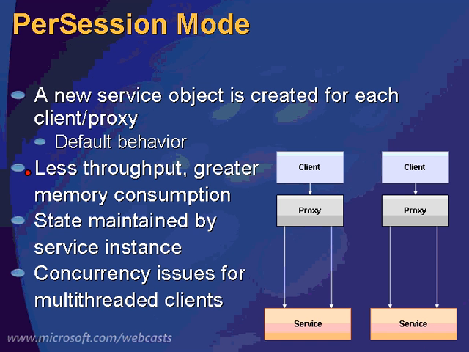So this is a bit less throughput since we might be using more memory, given the fact that the whole point of having the service object in memory is probably because we're allocating something in memory that we'd like to maintain between calls, right? And so there is that to consider. What is the amount of memory you're allocating and what is the overhead of that? The state, though, is maintained then only by the service instance. So this isn't like the ASP.NET state where it's stored elsewhere and potentially serialized.